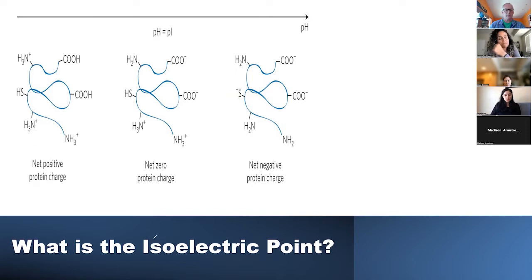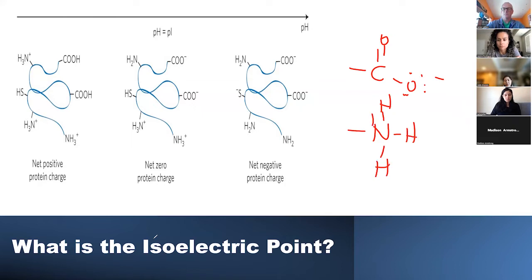So it has negatively charged amino acids and it has positively charged amino acids. So these are the acidic side chains, and these are the basic side chains.